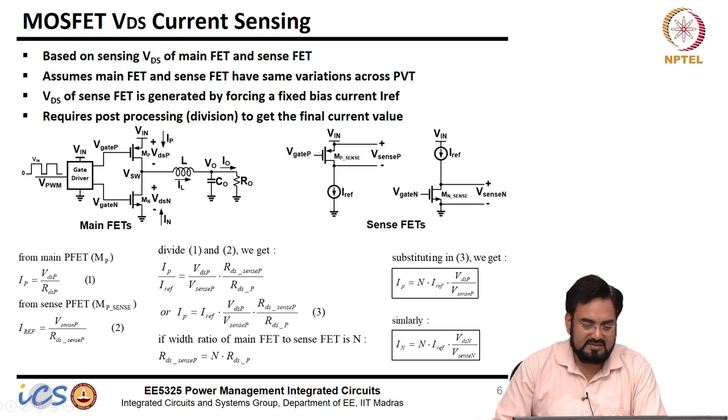And V in is also the same, so we are turning on. Both are operating in linear region when they are turned on. This guy will carry the load current, and this guy will carry IREF current, which is fixed. So this voltage is fixed, which I called V sense, but this voltage may vary.